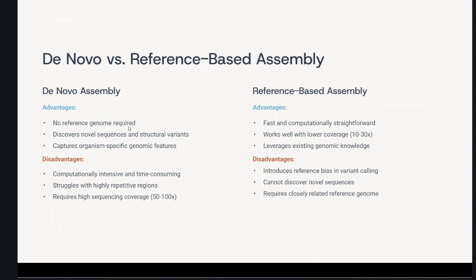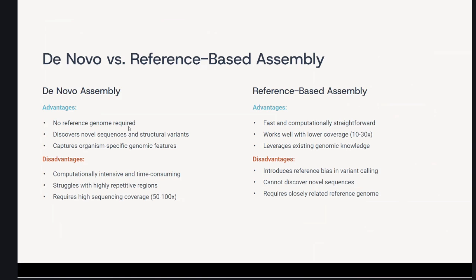Okay, the next approach is reference-based, that is, guided reconstruction. In this alternative, you align your sequencing reads to an existing reference genome from a closely related organism. You take your reads and use an algorithm to align them to a reference which is very close to your sample organism. Once you align, you find a consensus sequence, and that will be your assembled genome.